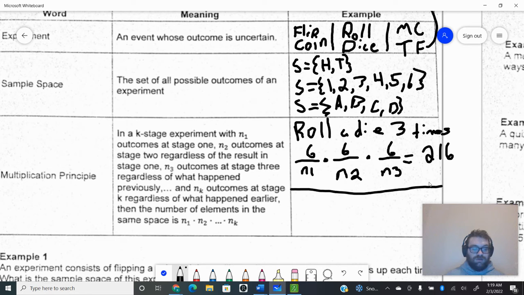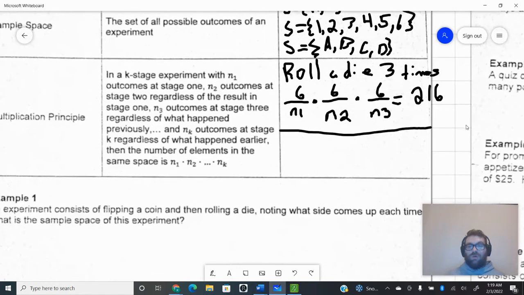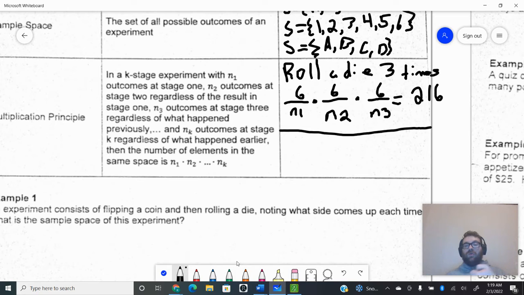So how about if I flip a coin for heads or tails and roll a die? So if I flip a coin and roll 1 die, does the outcome of the coin affect the outcome of the die?